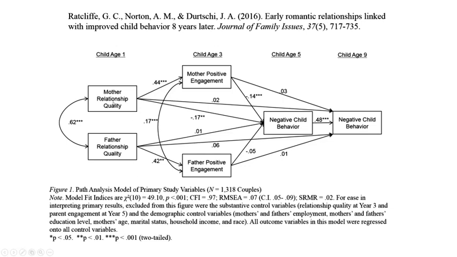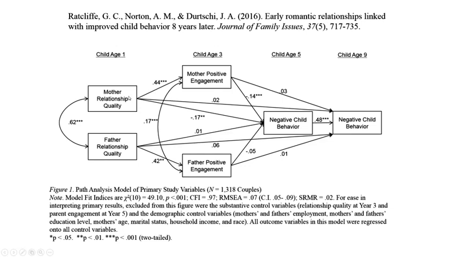We can see here that indeed mother's relationship quality is positively related to positive engagement. This reads just like a linear regression like we talked about before. As mother's relationship quality goes up by 1 standard deviation, 2 years later, mother's positive engagement goes up by 0.44 standard deviations, while controlling for father's relationship quality.